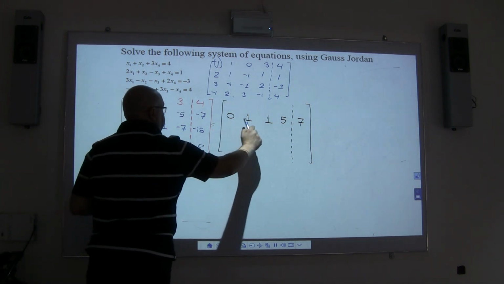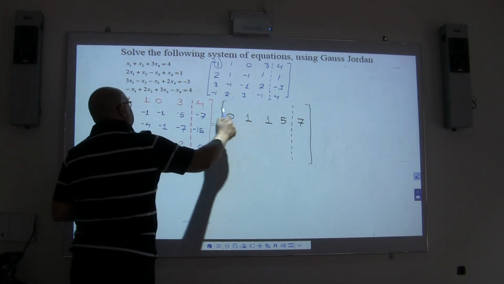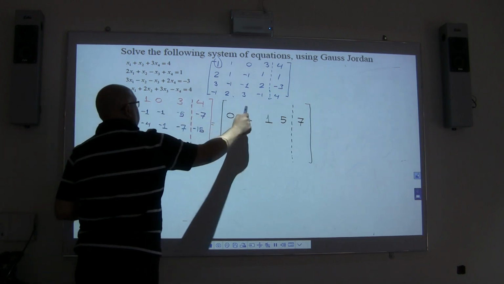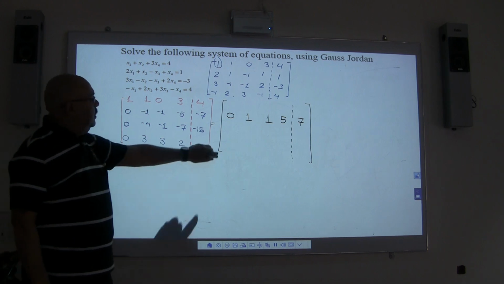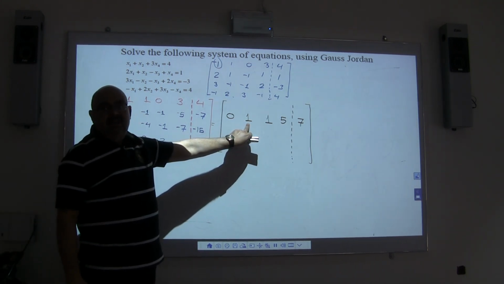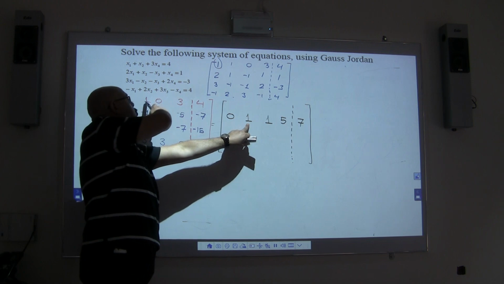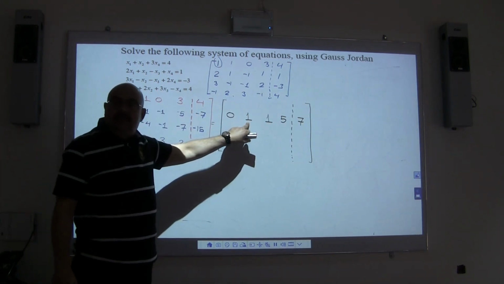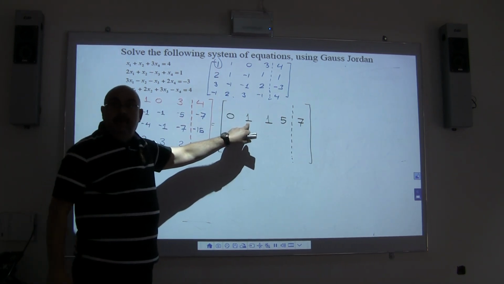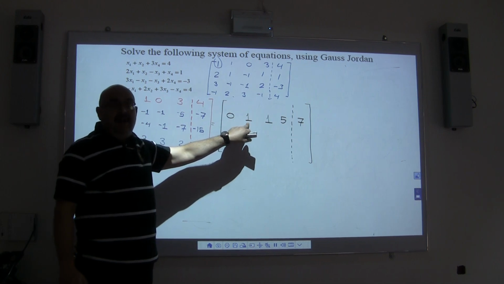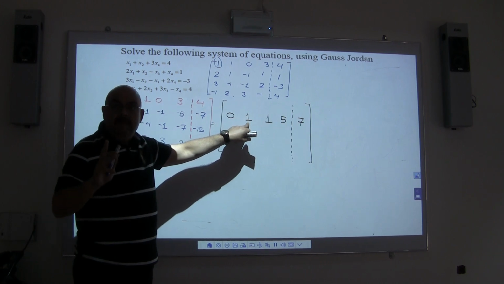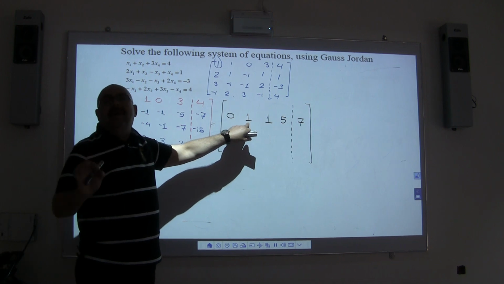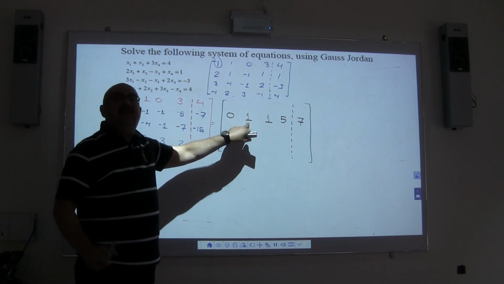I need to multiply this row by a number so that once I add it to this one, the result will be 0. Which number? I need to multiply this one by a certain number so that once I add it to 1, the result is going to be 0. What do you suggest? Negative 1. I could do another move, but I don't want to. I want to follow the same steps: always do the multiplication by a scalar first, then continue. I want to train you on this because it's what people use the most.